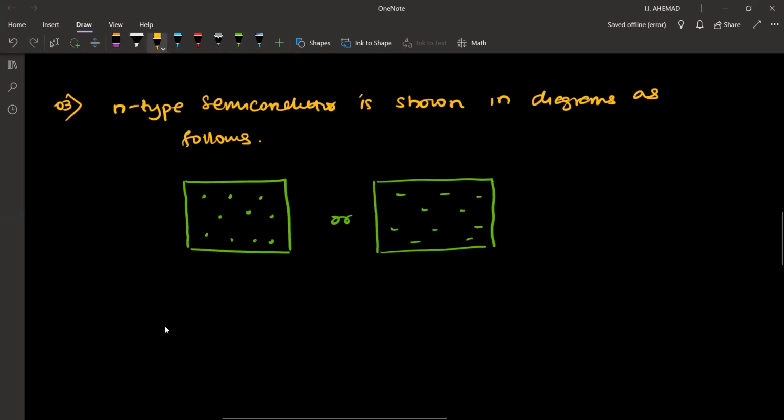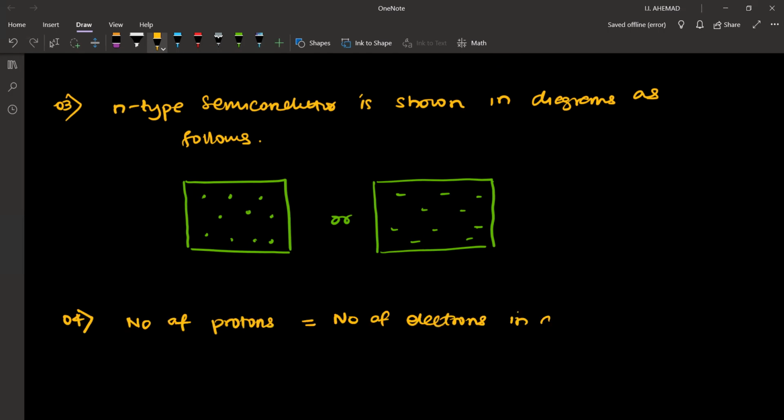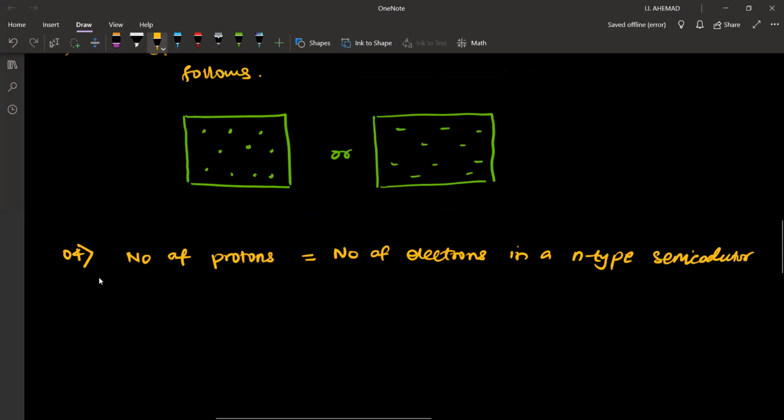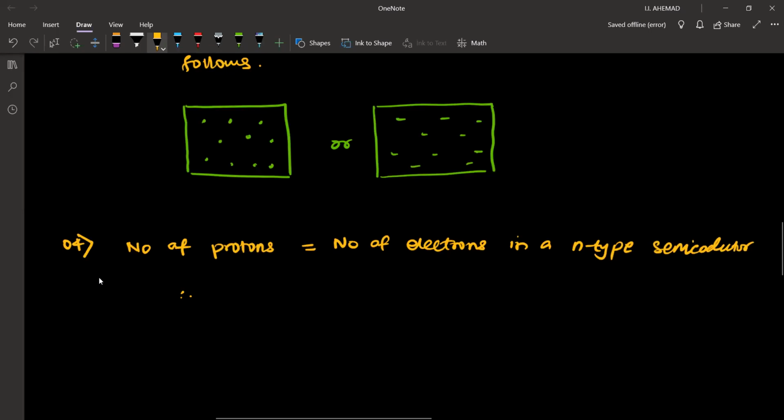Still, the number of protons is equal to the number of electrons in an N-type semiconductor.